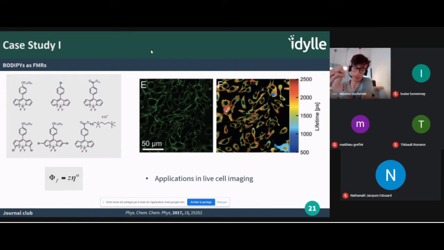Am I the only one who sees the screen frozen? I see an image with several colors and lifetime in picoseconds. I think the screen is frozen. We are still on slide 21. I'm on slide 24.